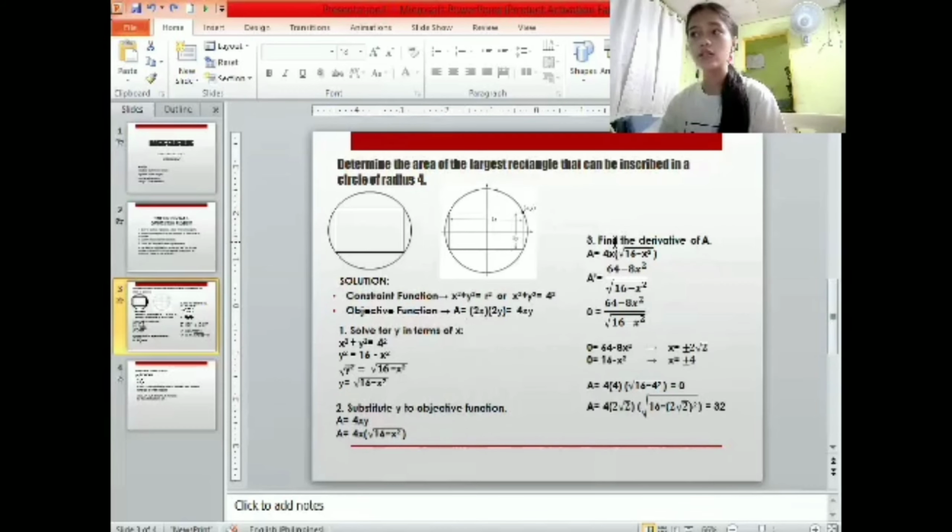Step 3 is to find the derivative of the area. The area is 4x times the square root of 16 minus x squared. For the derivative, we're going to use the product rule. So the derivative will be (64 minus 8x squared) over the square root of 16 minus x squared. We're going to equate this with 0.